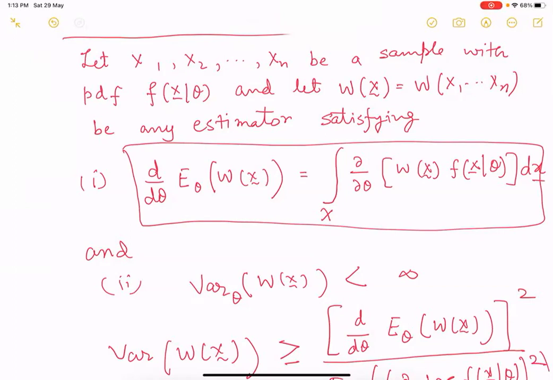So the support of the random variable has to be free of the parameter.